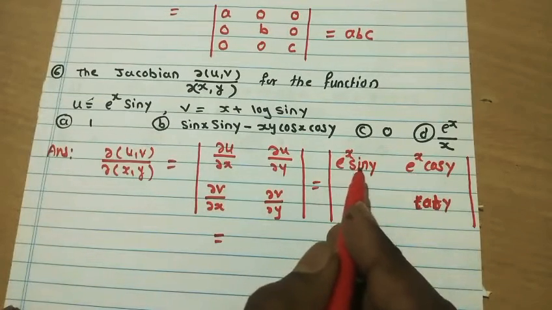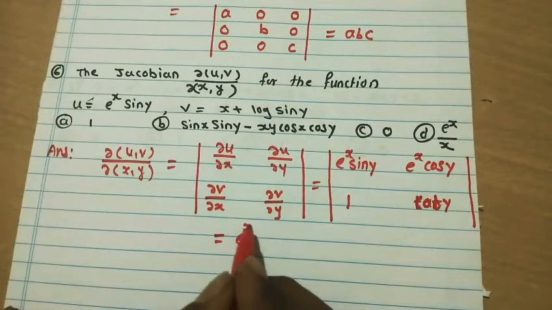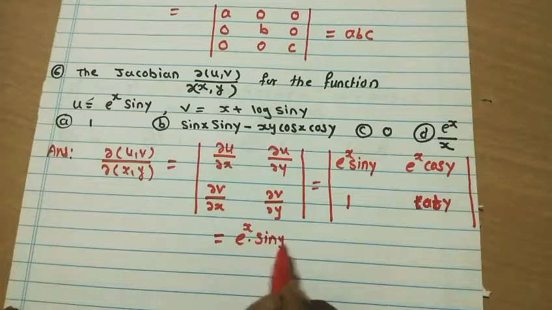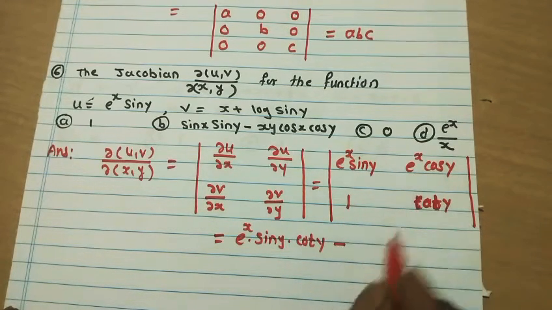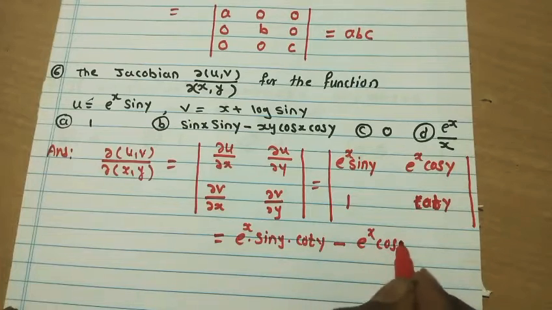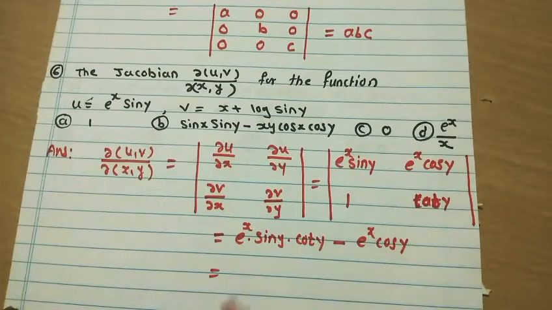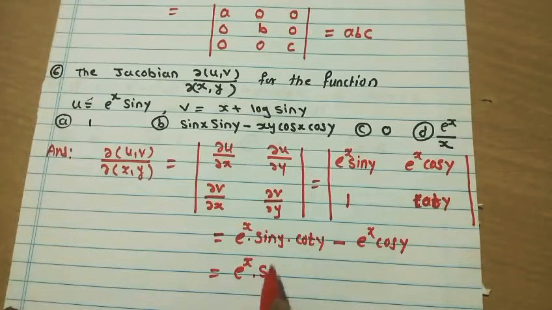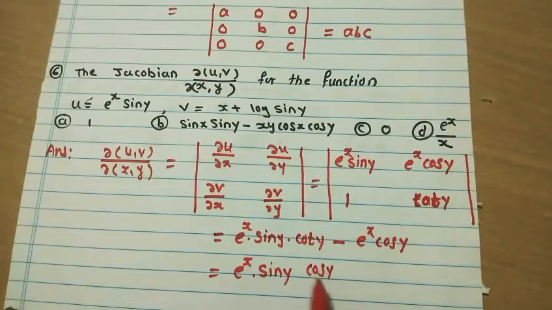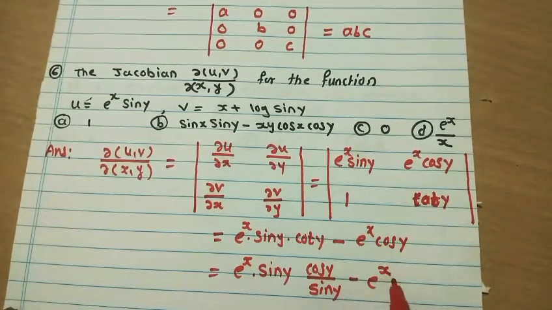So you will get e raised to x into sin y into cot y minus 1 into e raised to x cos y. So this is equal to e raised to x into sin y as it is, cot y is cos y upon sin y, minus e raised to x cos y.